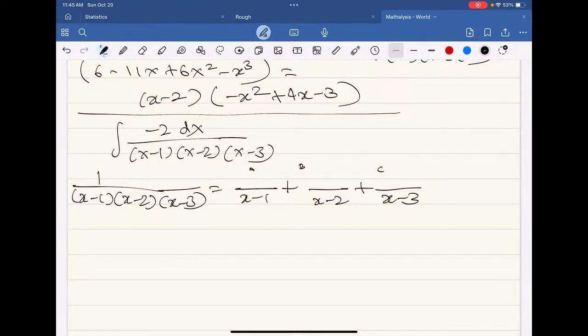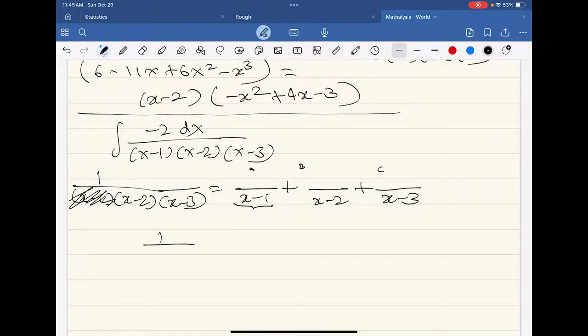To find the coefficient in the numerator of x minus 1, just cover this x minus 1 for some time. Then substitute its root in the expression that we get after covering it up.